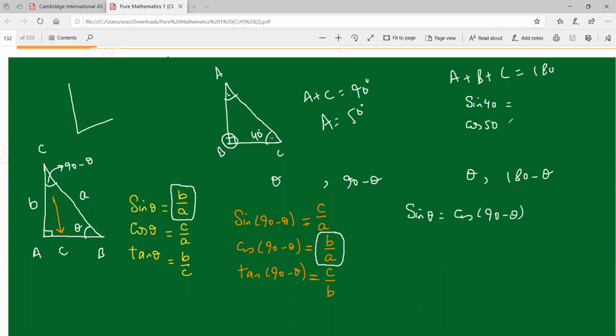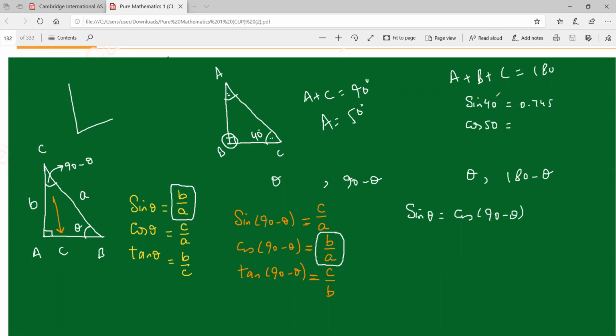Can someone tell me what is sine 40, correct to 3 decimal places? 0.745? And what is cos 50? 0.965? Come on, change your mode. She should be in degrees mode, not radians. What is cos 50?